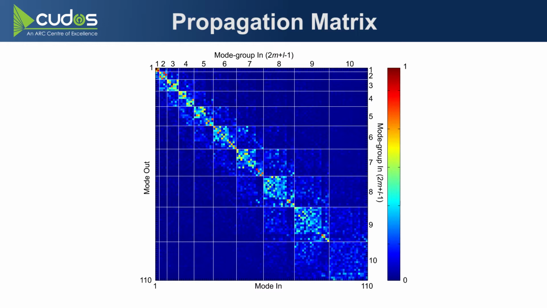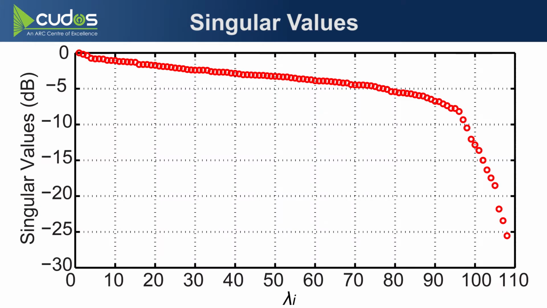You can also see that for most practical cases, you don't really need to measure the entire matrix. There's a lot of zeros in there, and you've got a pretty good idea where those zeros are going to be before you start. If you take the singular value decomposition of that matrix, you can get the eigenvalues for each of the 110 potential channels. There's a slope there, which decreases steadily until about the 9th mode group, at which point it dives off a cliff as the modes become cut off.